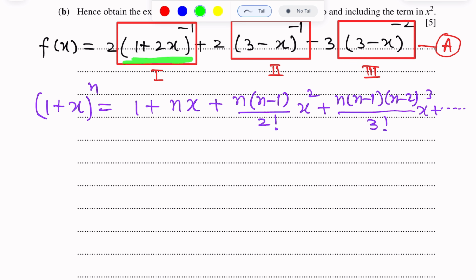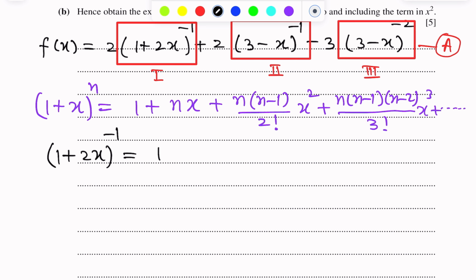First we are taking the first box, expansion of (1 plus 2x) power negative 1. First term will be 1, second term will be n into x. Use brackets for this. Plus n into (n minus 1) over 2 factorial into x square.